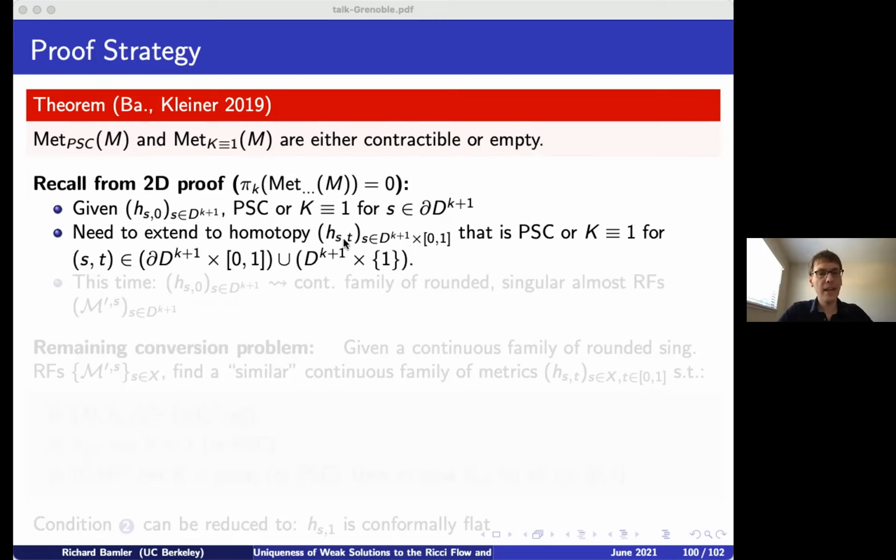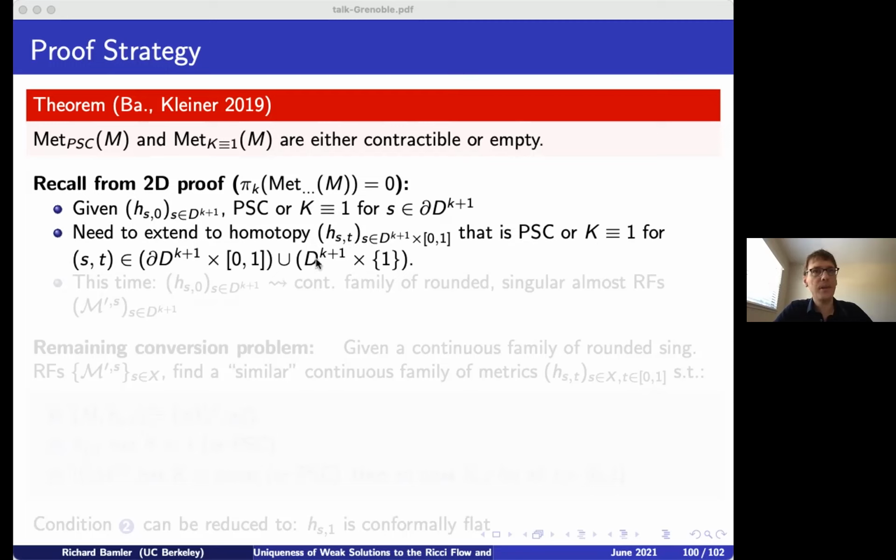And then for every s, this essentially, modulo rescaling and reparameterization, depends on the Ricci flow, and the final metric is going to be a round metric. Right? Okay? So in other words, we have the following property: h_{s,t} is PSC or constant curvature, whenever (s,t) is contained in this set.